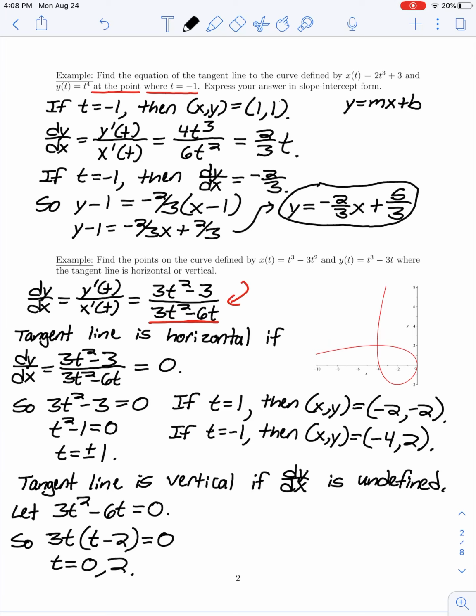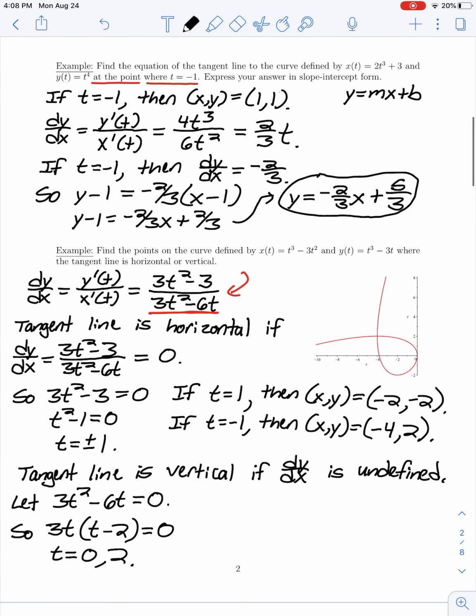Now again, we need to find the points on the curve corresponding to these values of t. So let's look at the first one. If t is equal to 0, then the corresponding point on our curve, x y, would be 0, 0, the origin.